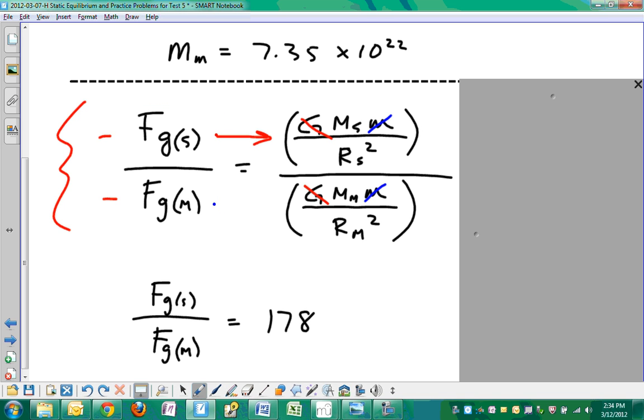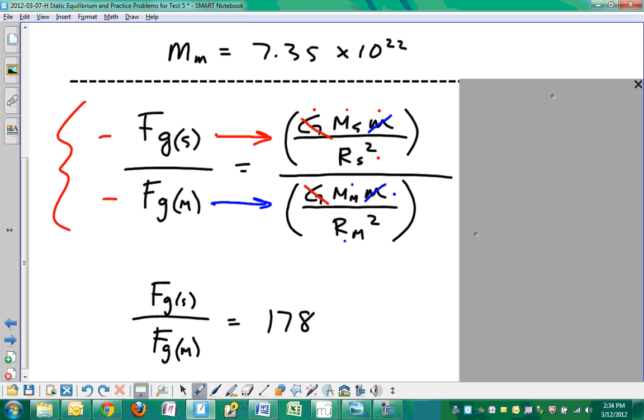The force exerted by the sun is G, the gravitational constant, times the mass of the sun times the mass of the individual. Now remember, we were never given a mass of the individual, divided by the distance to the sun squared. All right, and we're going to divide that by G, the gravitational constant, the mass of the moon, times the mass of the unknown individual, divided by the distance to the moon squared.